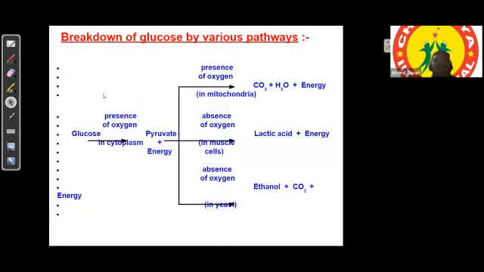So this is what you have in a summary about the respiration.